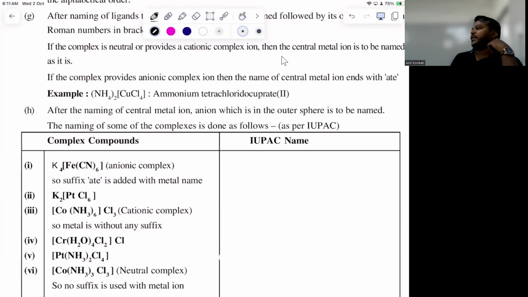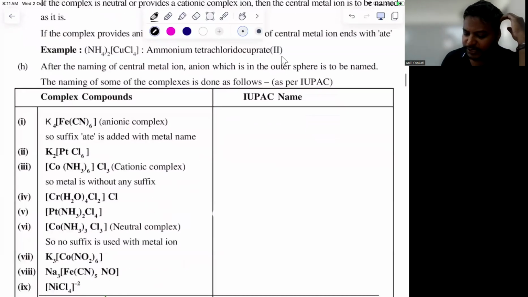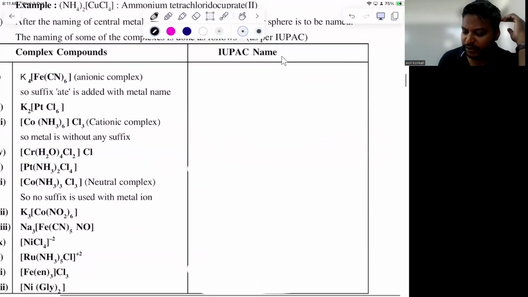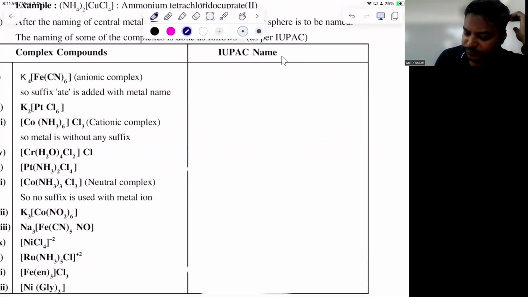We have to represent the oxidation state of the metal in Stock notation. And between the inner and outer sphere, that is the ionic sphere and the complex sphere, you should always maintain a small gap. These are the basic fundamentals which we take care of. Based on that, why don't we write together, everybody? This will be practice for you. See the first one.